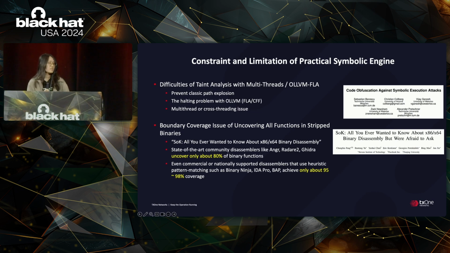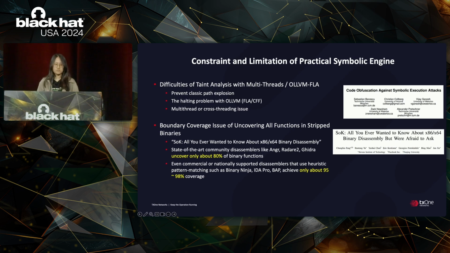The second constraint we want to point out is the binary coverage issue of stripped binaries. As mentioned in the paper "All You Ever Wanted to Know About x86/x64 Binary Disassembly", state-of-the-art community disassemblers can only uncover up to 80% of the binary functions.